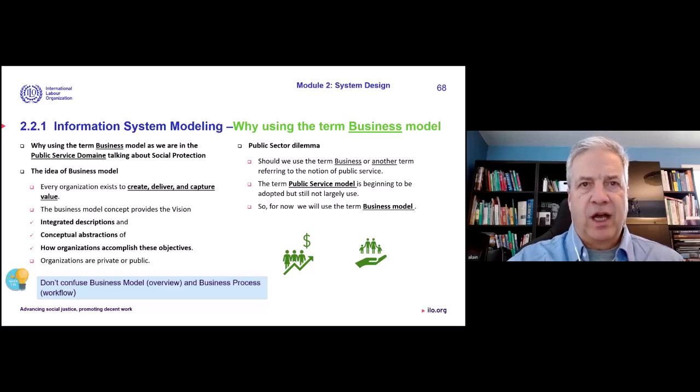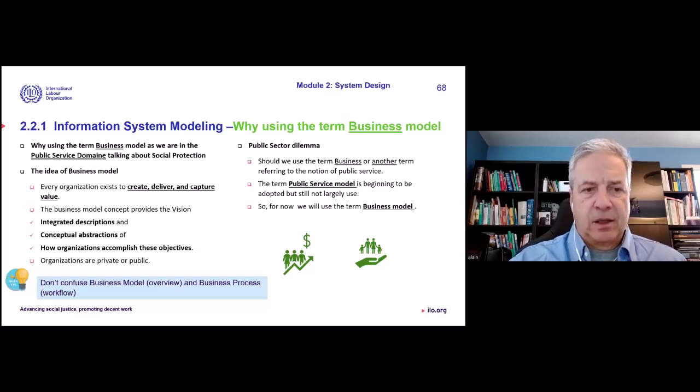In terms of terminology, we're using two types of model that look similar but are not. We have the business model, which is an overview. This is what we have just talked about. The business model is to bring you an overview and integration of the objectives, the missions, and the role of all the parts of the organization, how they contribute, how they bring value in regard of the social protection program they have to manage.